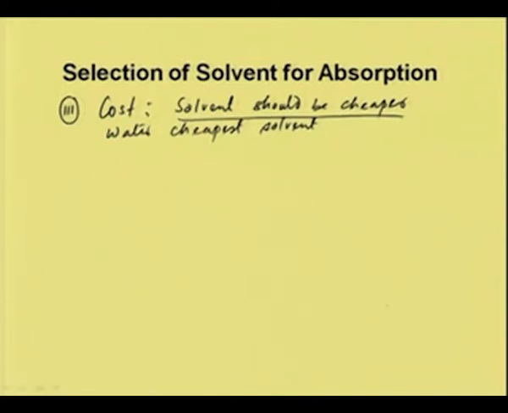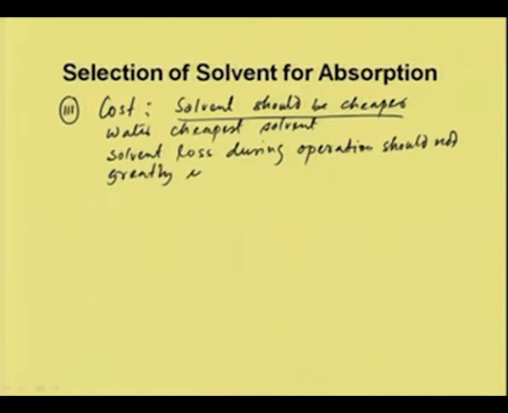The solvent should be cheaper so that even if there is solvent loss during the operations, it will not greatly influence the economy of the process.